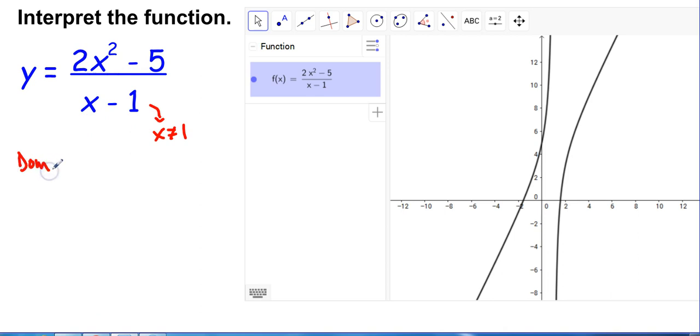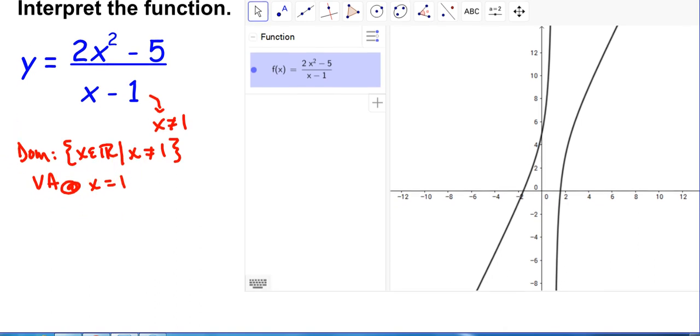So my domain for this particular function is all the real numbers such that x is not equal to 1. And in this particular case, what is x equal 1? That's a vertical asymptote. So specify, again, those domain restrictions, make sure that you specify. Okay.